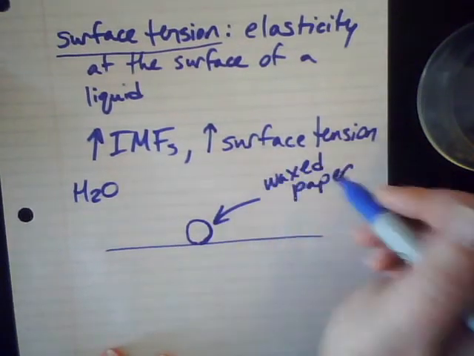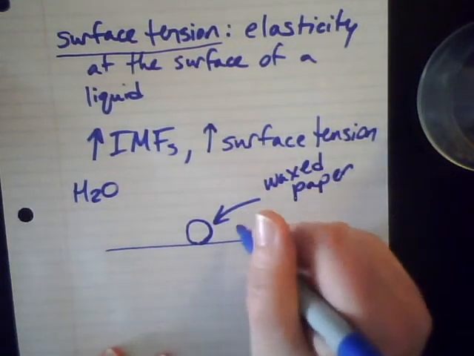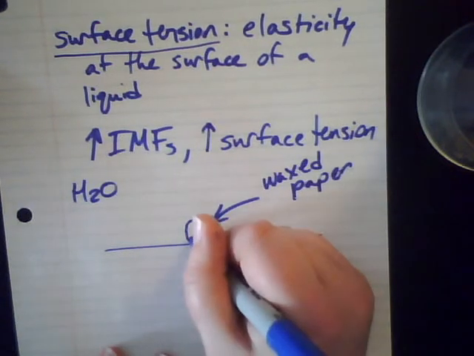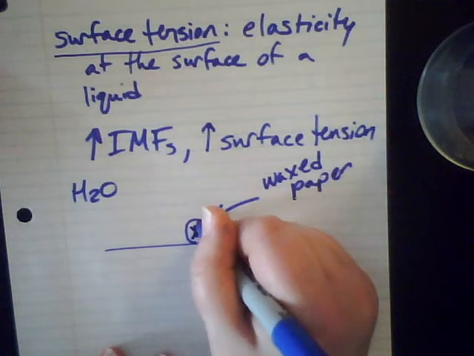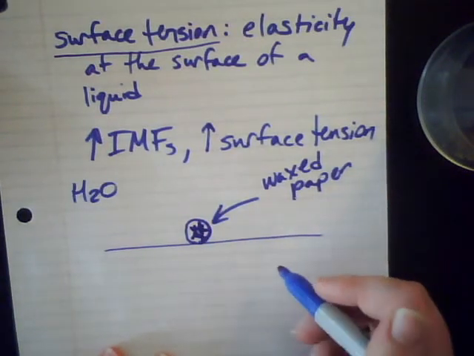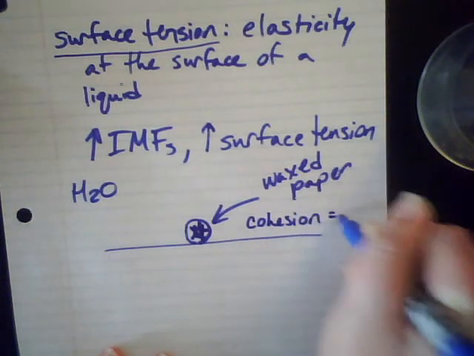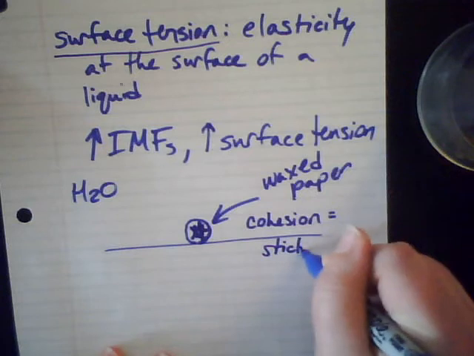But if we have water on waxed paper here, then it's going to cause this little droplet. And the reason that it causes this droplet is because all of the water molecules are attracted to themselves. So they kind of circle in on themselves. And we call this cohesion or stickiness to self.